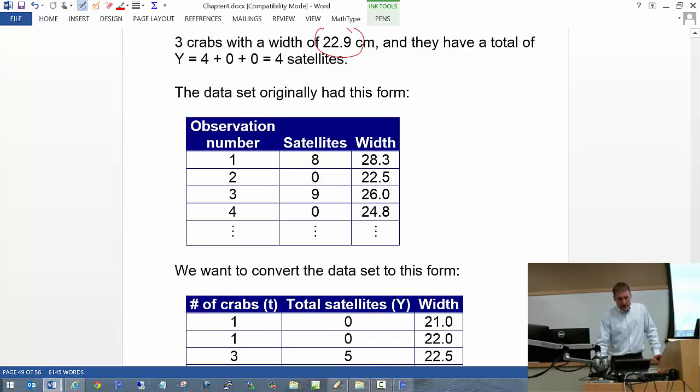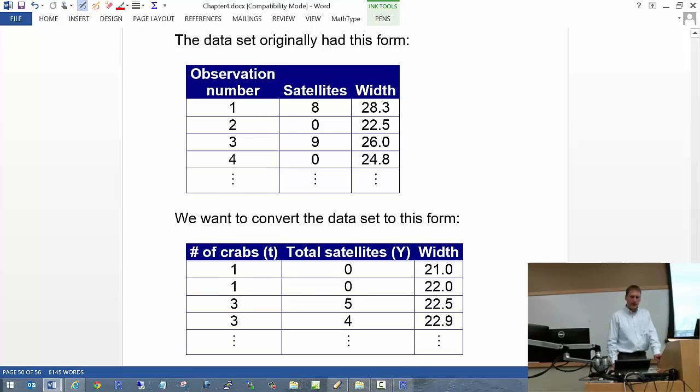So just to emphasize the point, sometimes it's not totally clear the first time you see it, the top table there is my original data. That's what it looked like. Every observation was 1 female crab. The bottom table here is my rate data format of this data set.